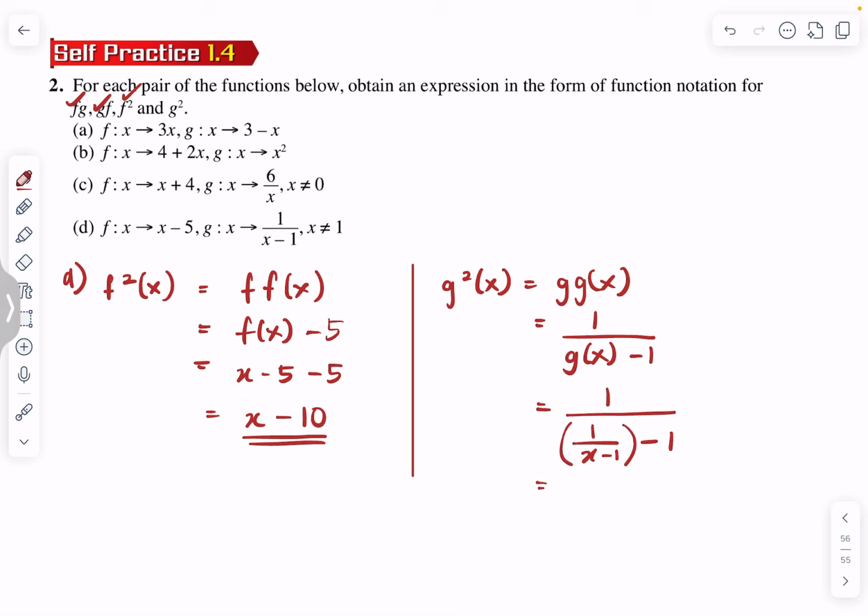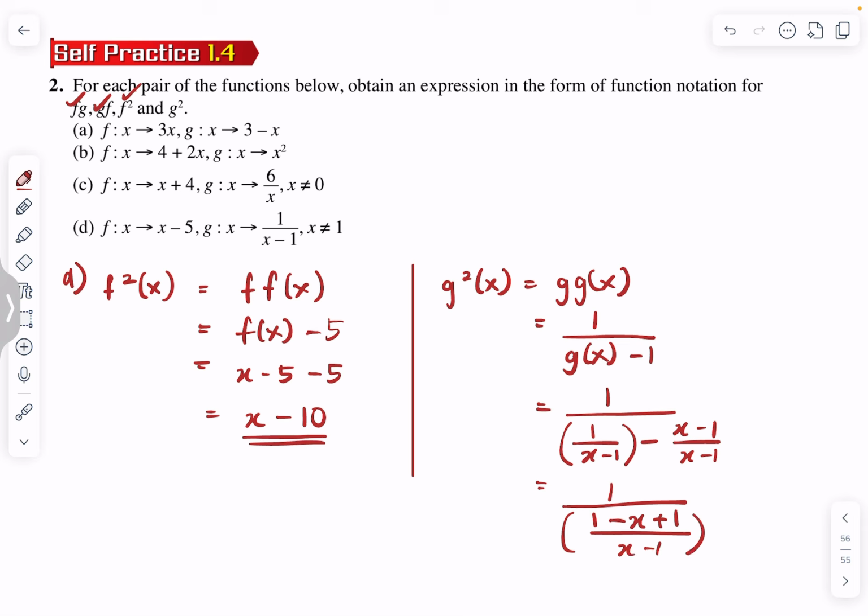So here now we need to make the denominator the same to make it into one single fraction. So 1 we can change it to x minus 1 over x minus 1. The 1 we times by x minus 1 now. Okay, now we will be getting 1 over 1 minus x minus 1 over x minus 1.